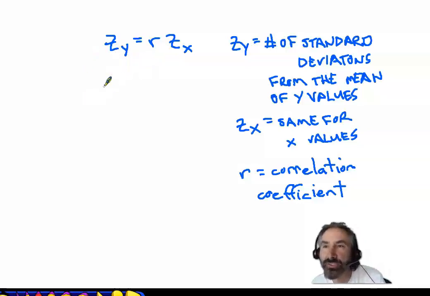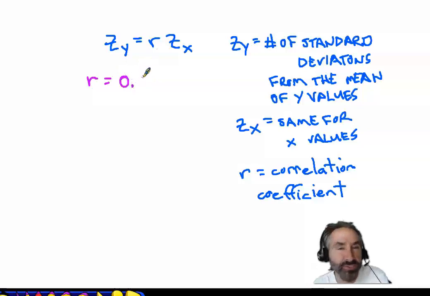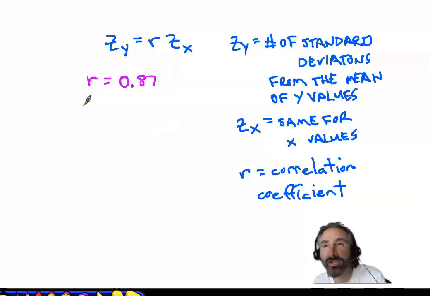Let's try a sample situation. Let's say that we are told in a particular situation our r is equal to, let's make it a reasonable r so that we believe that a linear model might be appropriate, so we'll say something like 0.87. r equals 0.87. That's a pretty high r value, not skyrocketing high, but pretty high.